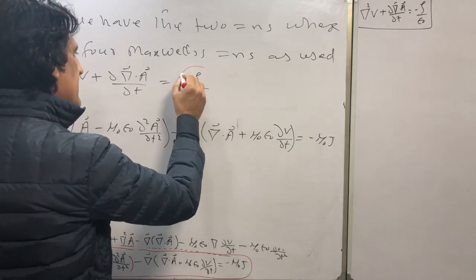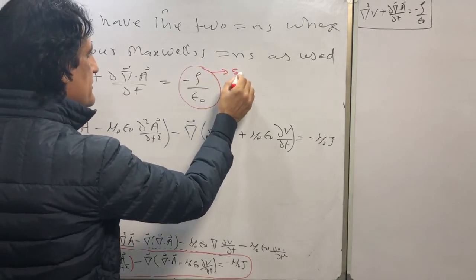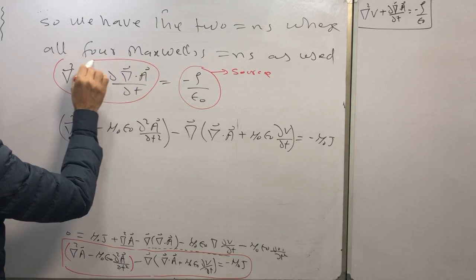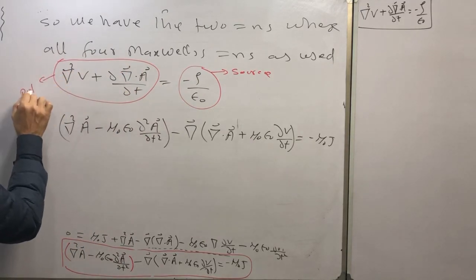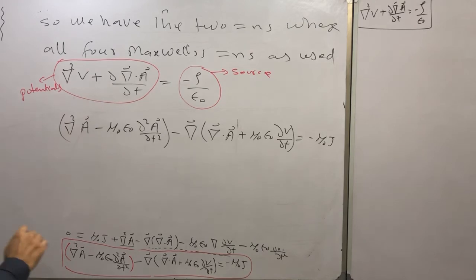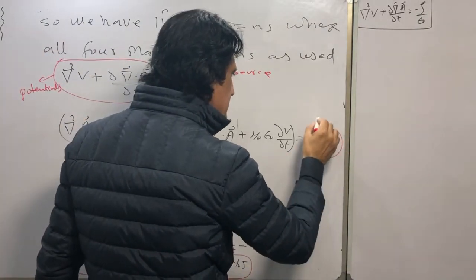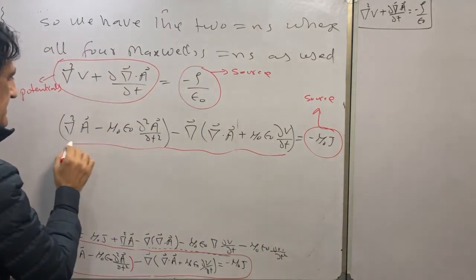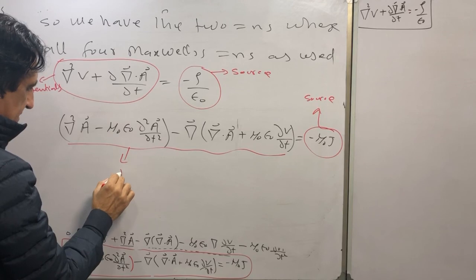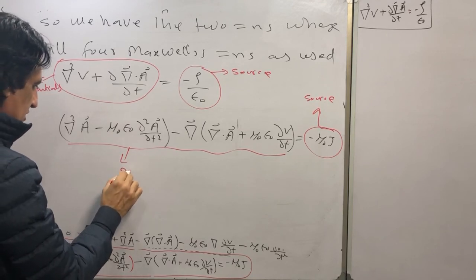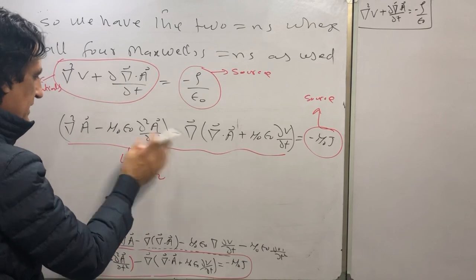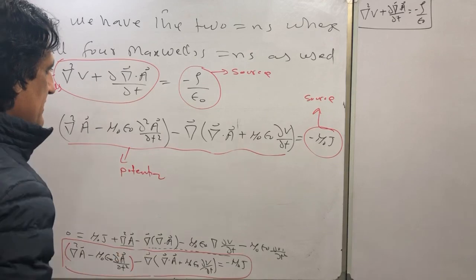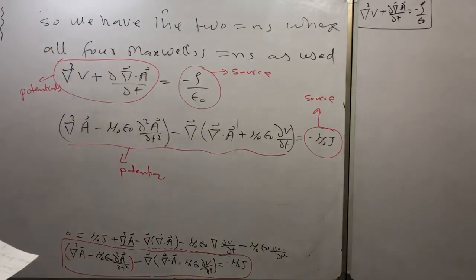In these equations, this is the source and this represents the potentials, because we have the vector and scalar potential on this side, and the sources are on the other side.